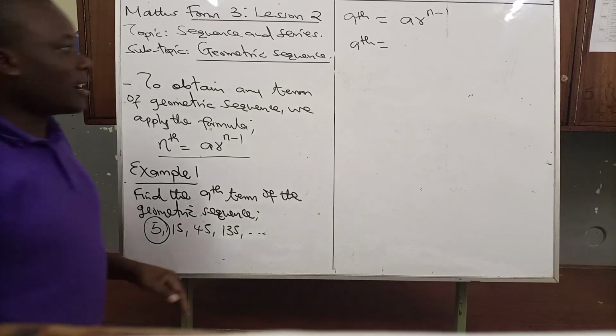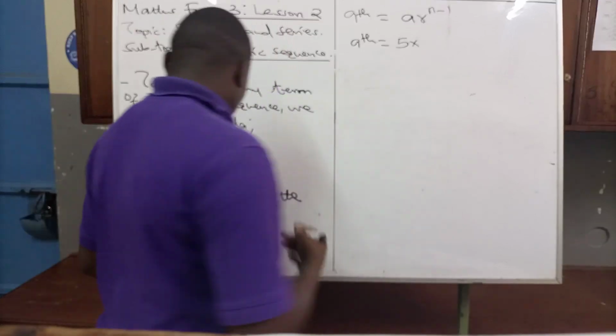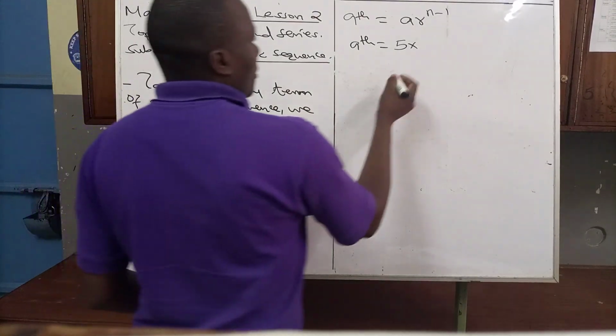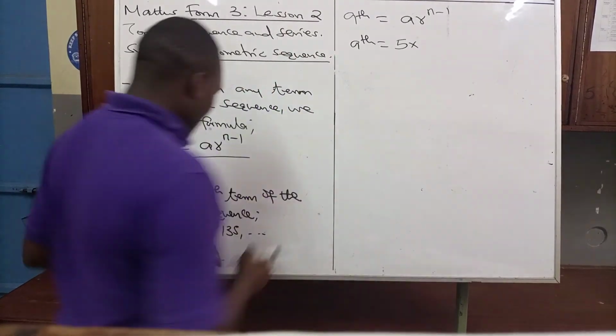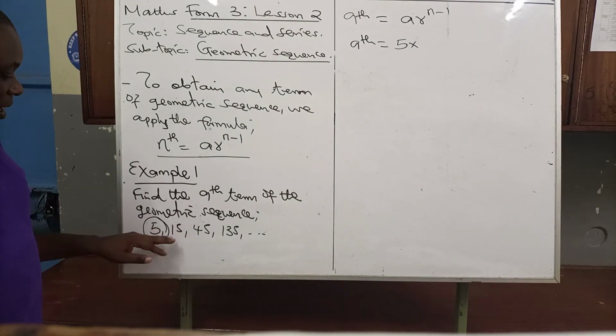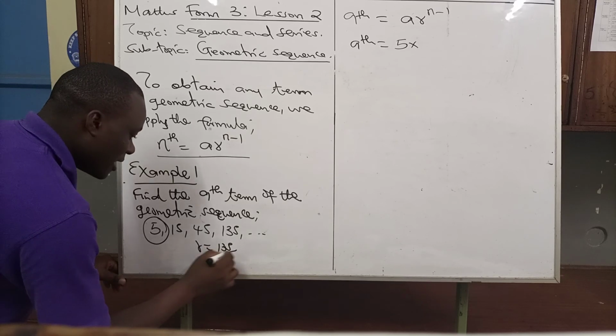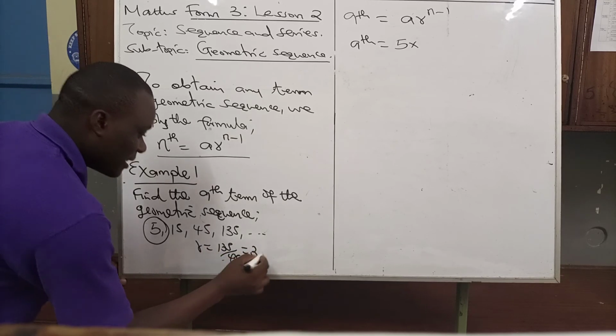In this case, it is 5. So we will say 5 times the common ratio. The common ratio is 45 divided by 15, which is 3. Or you can say your common ratio is 135 divided by 45, which is the same 3.